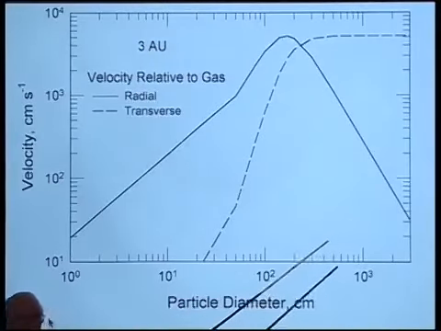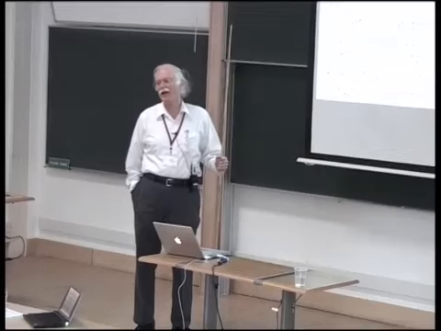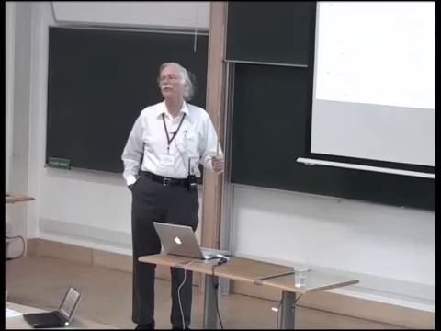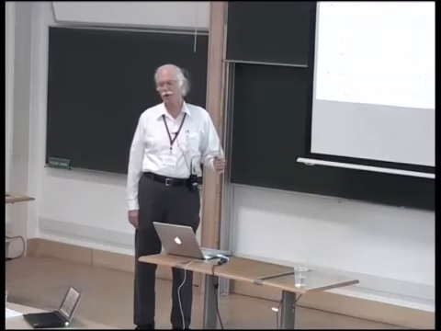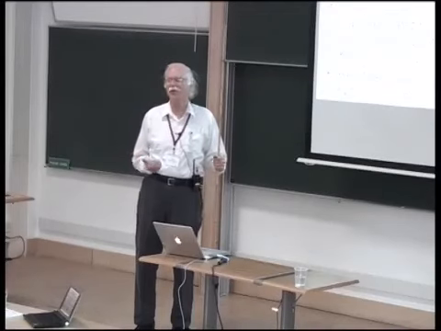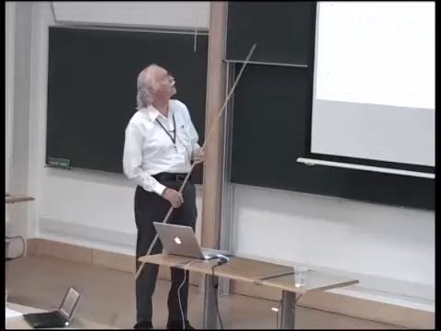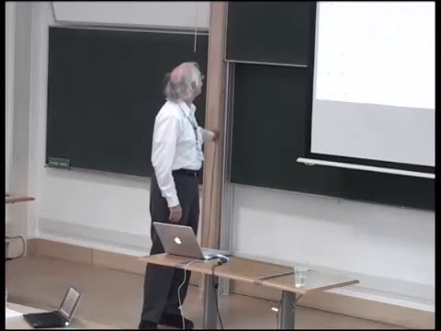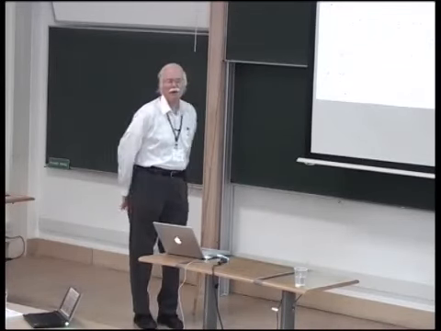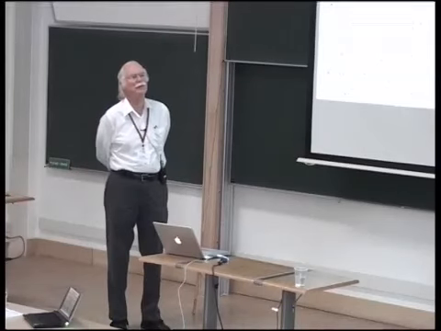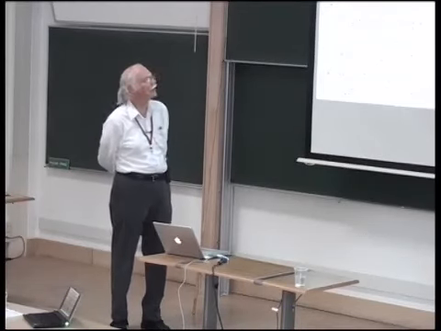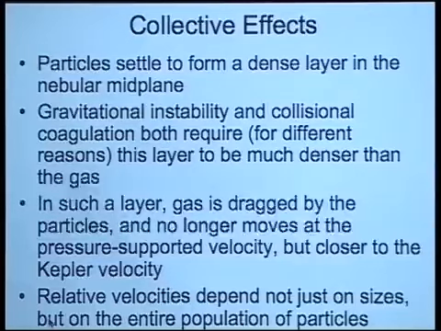Now, as I said, if you had any two particles and they were the only particles in their vicinity, it would be quite straightforward to calculate what their relative speed was and what velocity they would collide. However, when things are getting interesting in the nebula is when we have a lot of particles together in a dense array. That's how you're going to make planetesimals, perhaps.